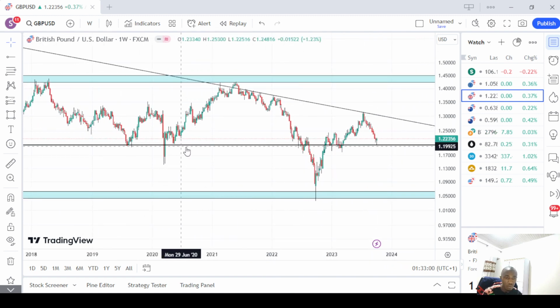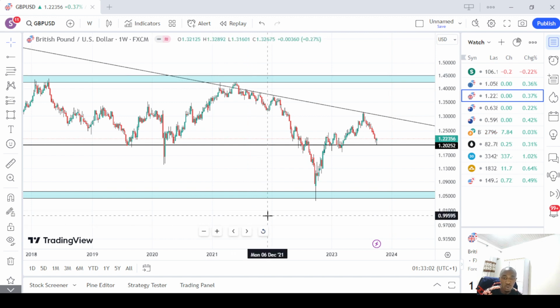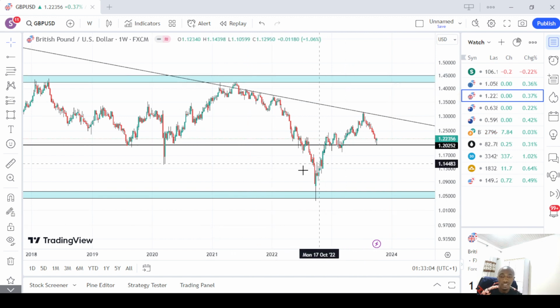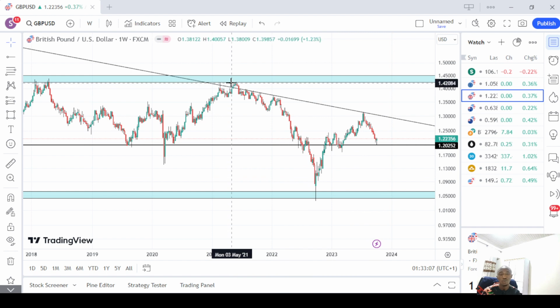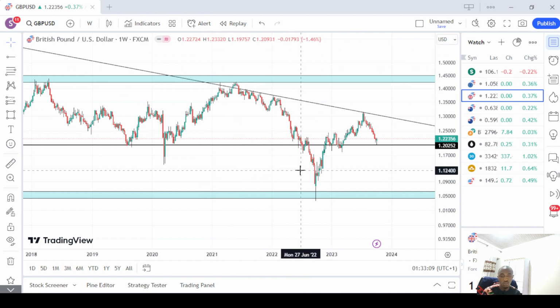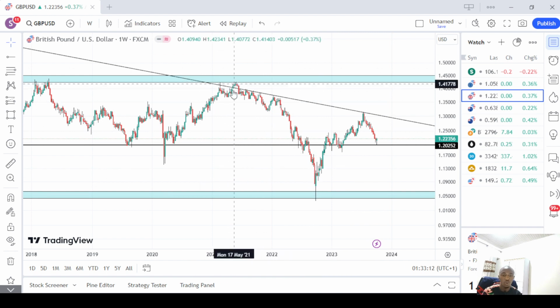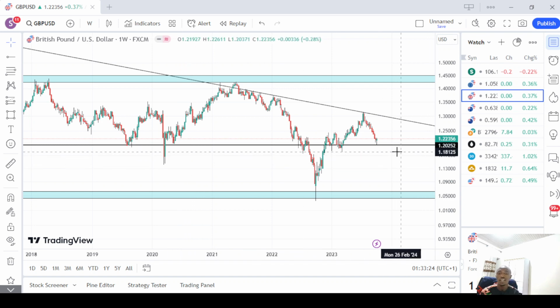So this is my minor zone. These are my major zones, and it's usually fair enough that price will come from zone to zone. You can see price coming from zone to zone, going back, retesting the trend line. Now price came, tested the minor zone in between here, and is now having a retracement before either going down or continuing back to the trend line.